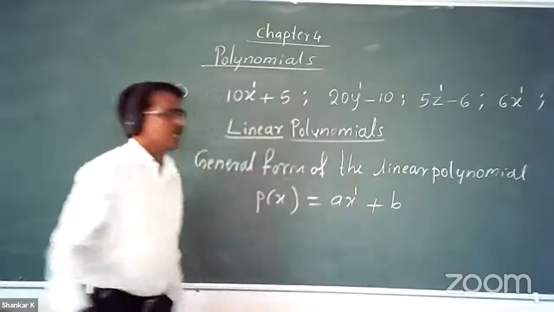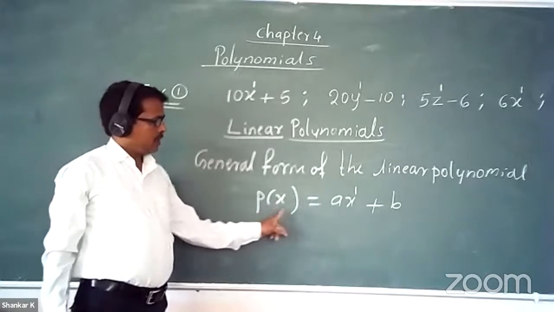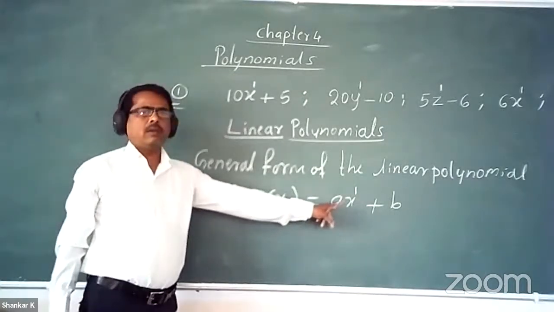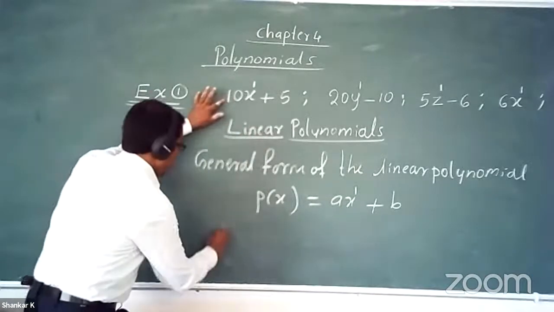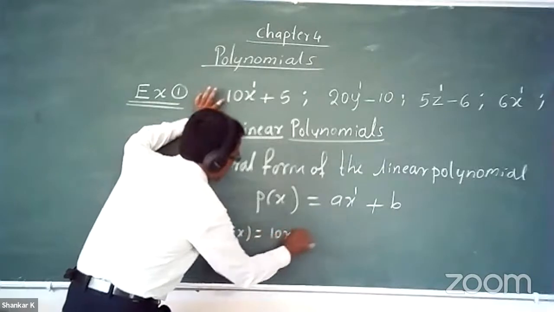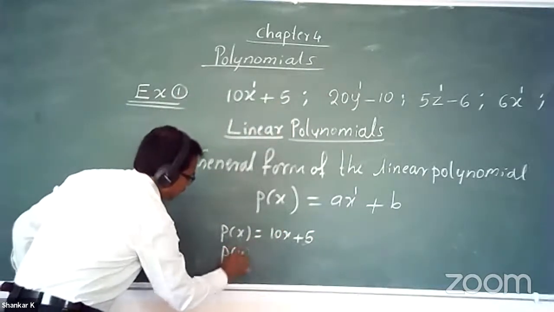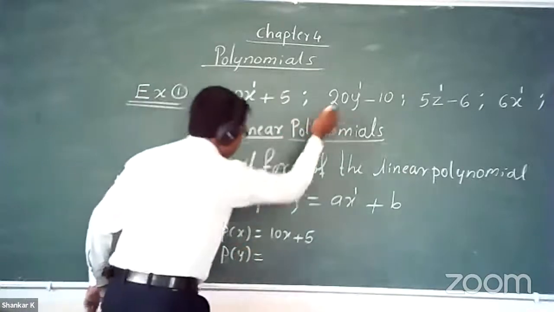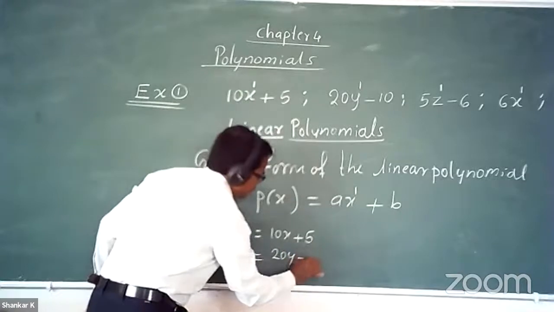Understanding the general form? P of x, ax plus b. So how to write this? You can write this as P of x equal to 10x plus 5. How to take this? We should take P of y because the polynomial is in y. 20y minus 10.